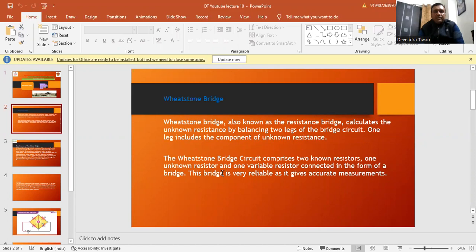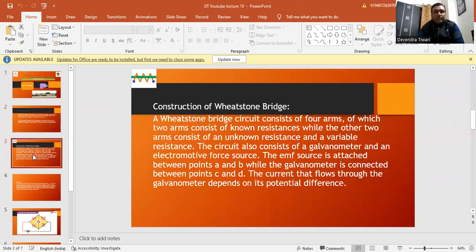The Wheatstone bridge circuit comprises two known resistors, one unknown resistor, and one variable resistor, connected in the form of a bridge. That's why it is known as the Wheatstone bridge. This bridge is very reliable as it gives accurate measurements. Now we'll move to the next slide.